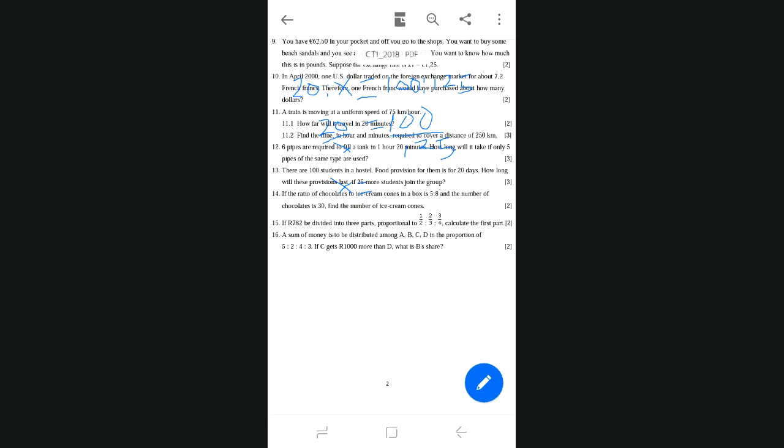Let's see. Are we getting the ratios correct? When it was 100 students, they used 20. Then when it was x students, oh, am I getting this correct?